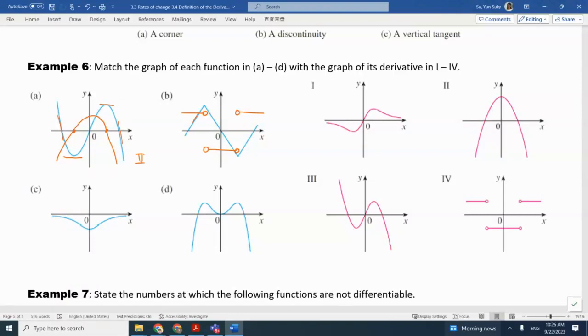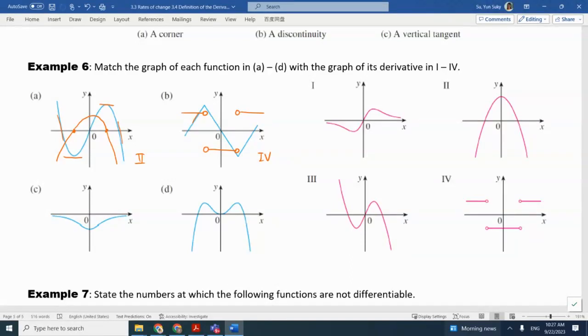So this point is not differentiable, and that's why we put an open circle there, because the derivative does not exist there. And then here your slope is a positive number. So you just keep going. That's why we have the fourth picture. So the line then is a fixed number. Okay.